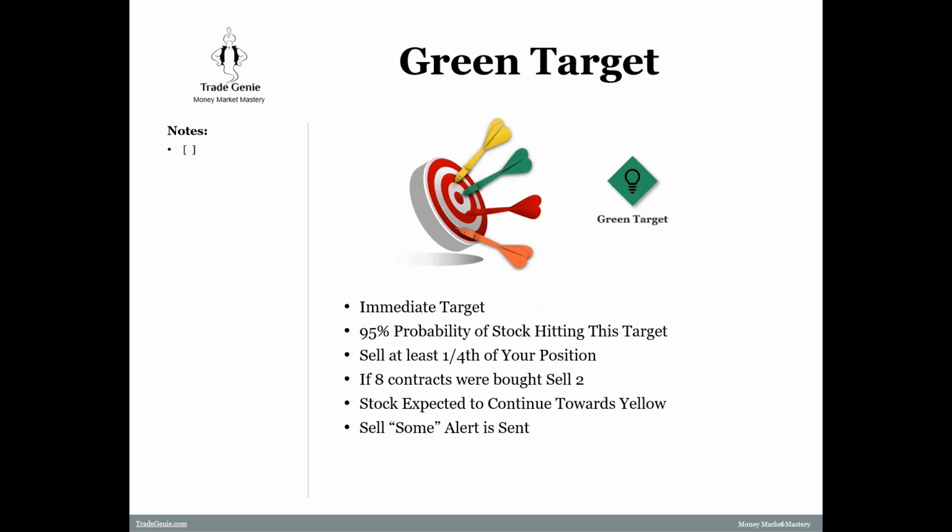If the stock goes to the green target and then starts to dwindle, and then 2 days, 3 days pass, the green target hit, 3 days pass, it may have turned, and the green target has become a resistance. So now we are looking for an exit because we see that it's not passing beyond the green target.